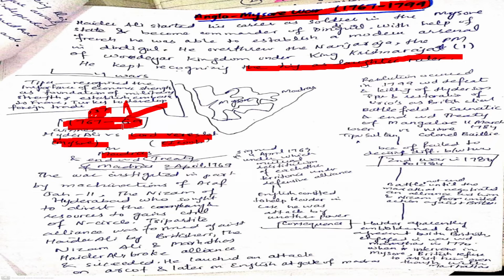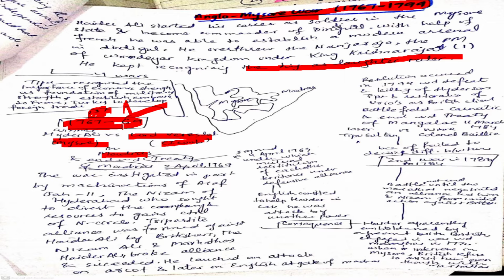The war was instigated in part by the machinations of Asif Jah II, the Nizam of Hyderabad, who sought to divert the company's resources to gain control of the Northern Circars. A tripartite alliance was formed against Hyder Ali by the British. The British associated with the Nizam Ali and the Marathas, so the Hyderabad Nizam and the Marathas joined the British against Hyder Ali of Mysore.